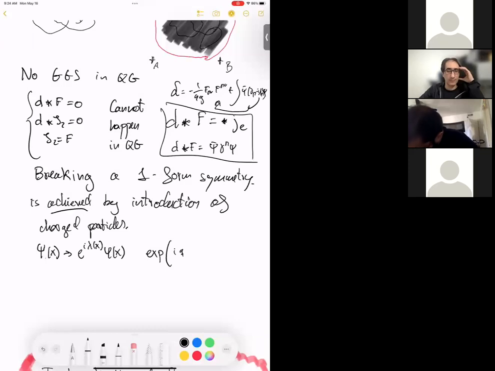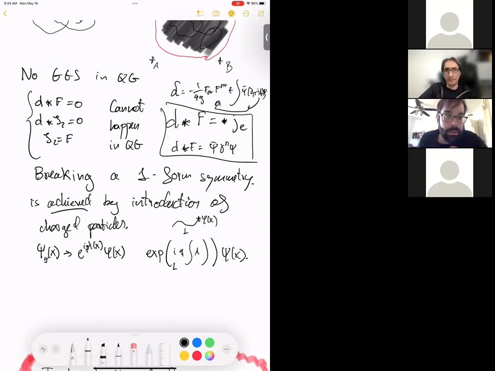Suppose that this field has charge q, so then it transforms like this. Suppose we put a Wilson line, an integral on some open line L, and at the end point, we write psi of x. Before, when I tried to write down an open Wilson line, it was not gauge invariant.